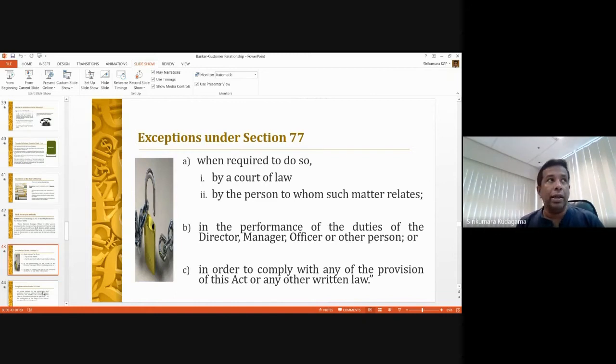and asked that person to vacate the premises on the ground that the lessee doesn't pay the monthly lease amount regularly. Then the lessee argued, no, I have paid everything into your bank account.